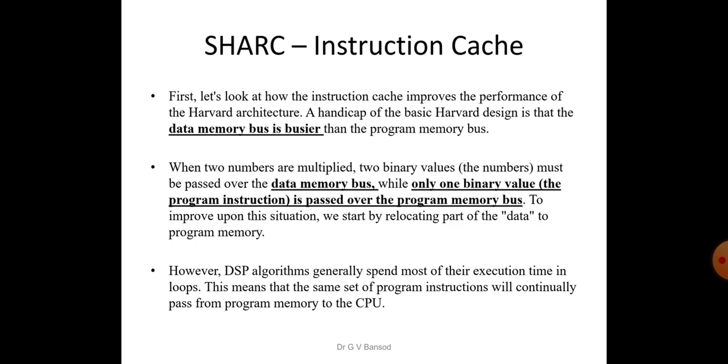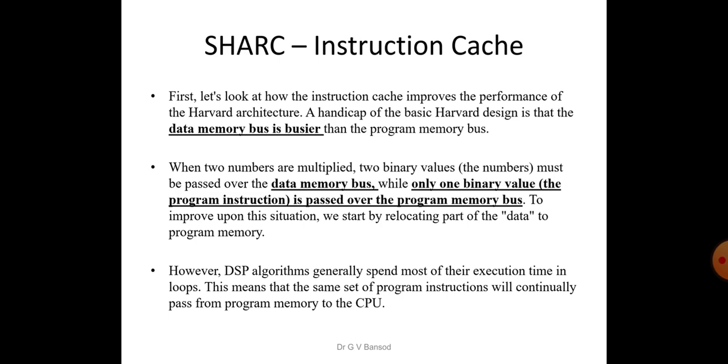So let's talk about the instruction cache a bit. As you know, in the basic Harvard design, where we have multiple address and data buses for the program memory and the data memory, my data memory bus is busier than the program memory bus, because there is a large amount of data flowing into the system compared to the program memory, where it executes only the program instruction.